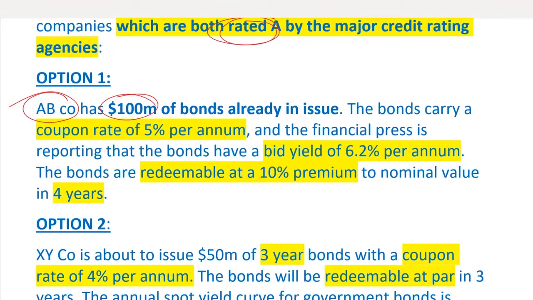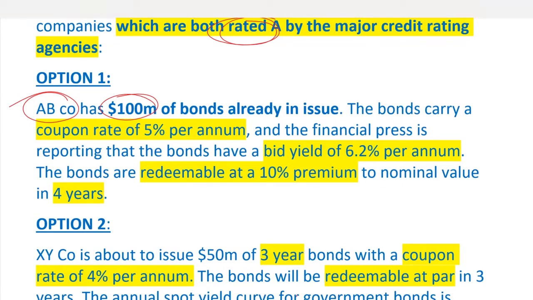So please note, the amount of bonds the issuing company has is irrelevant as long as it can accommodate what I want to invest. So our focus company here is Kenan Co. Kenan Co has 1 million. So as long as ABCO has more than 1 million, we are not concerned with any other information as regards that. Okay, so ABCO has $100 million of bonds already in issue.